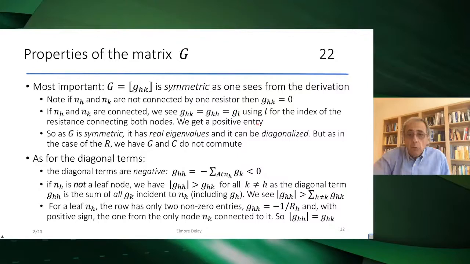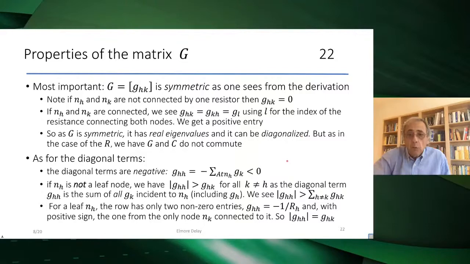We get positive entries outside of the diagonal. The matrix is symmetric. Again, can be diagonalized, very nice, but again, G and C do not commute, so we have the same problem.